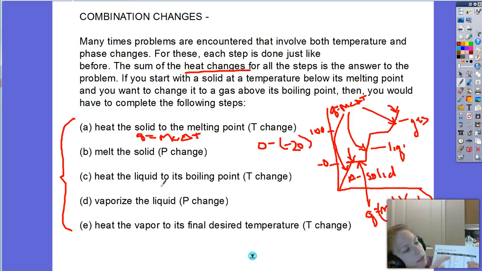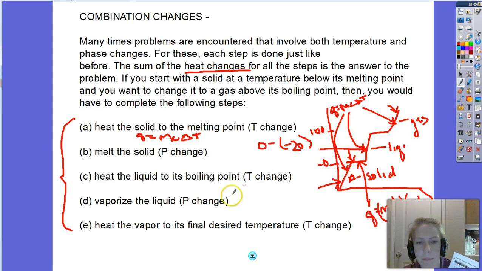So if you'll notice, liquid water, solid water, and gaseous water all have different specific heats. So you have to use the right one. So here, we're going to have the specific heat for solid, which if we use joules per gram degree Celsius would be 2.03. For here, now that this is getting quite crowded, it's liquid, so we're going to use the liquid water, and that specific heat is 4.184 joules per gram degree Celsius.